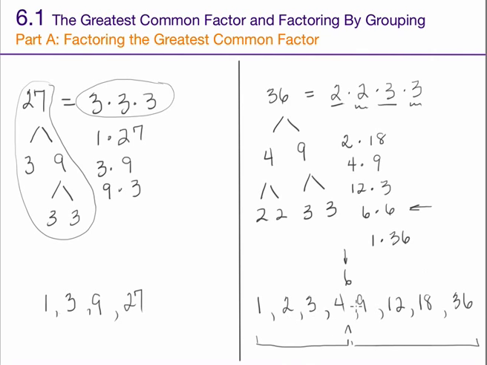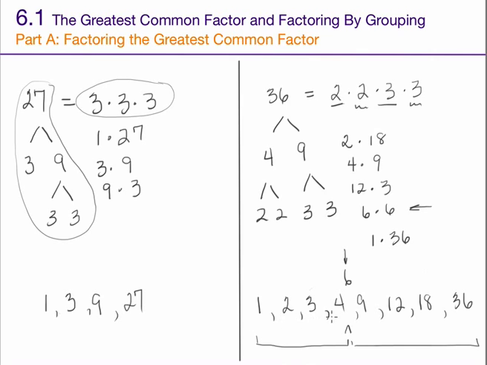Since 1 and 36 are both factors because 1 times 36 equals 36, and 2 times 18 equals 36, that means 2 and 18 are both factors, and so on. 3 times 12, 4 times 9.